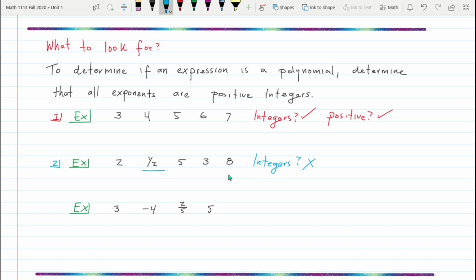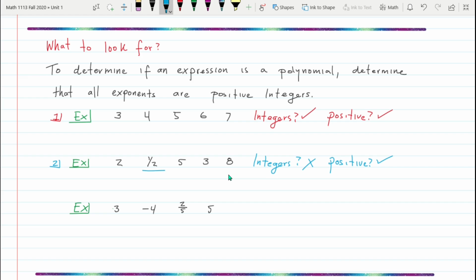So, okay, not integers. Are they all positive? Yes, but it doesn't matter. One of them came out to be not an integer, so if they were the powers of a polynomial expression, it wouldn't count as a polynomial. It just wouldn't fit the criteria.